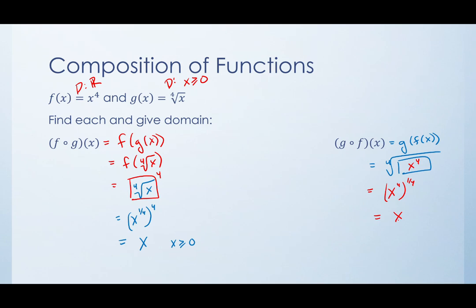Now this is a case where these two functions are equal to each other, so this is a special case. We're going to talk more about why exactly this happens in 3.6, but you may have your suspicions because of what you may know about the relationship between x to the fourth and the fourth root of x.